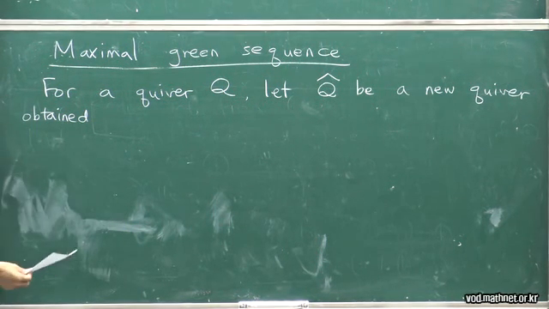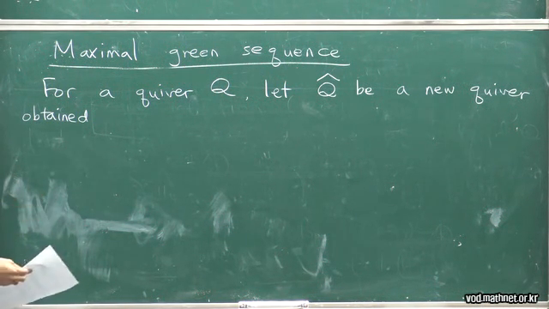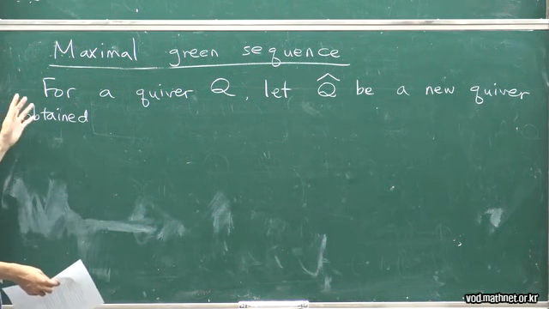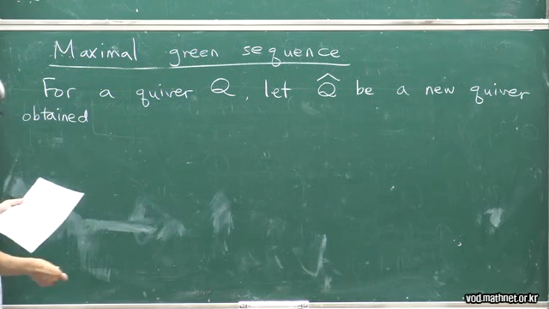My loose goal is to define which quivers are simpler than the others in the same mutation class. And actually, the ones that have maximal green sequences can be considered to be simple.